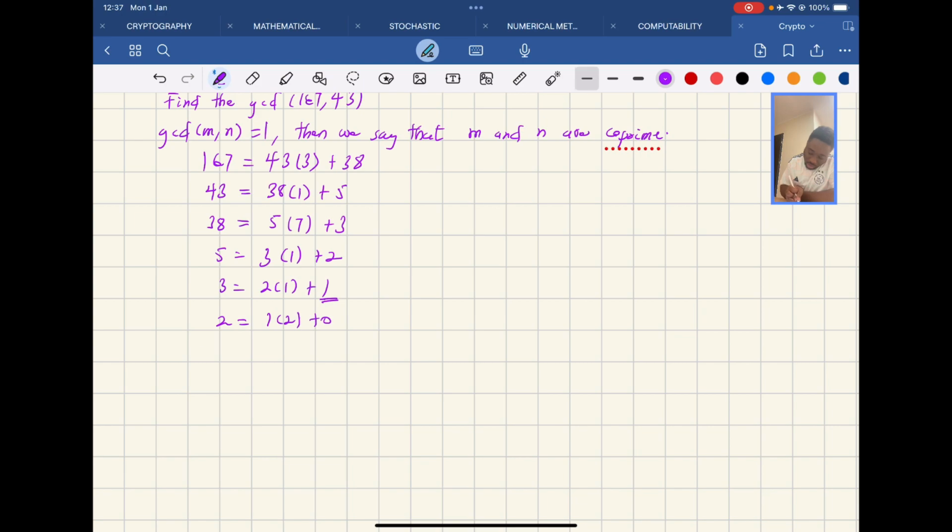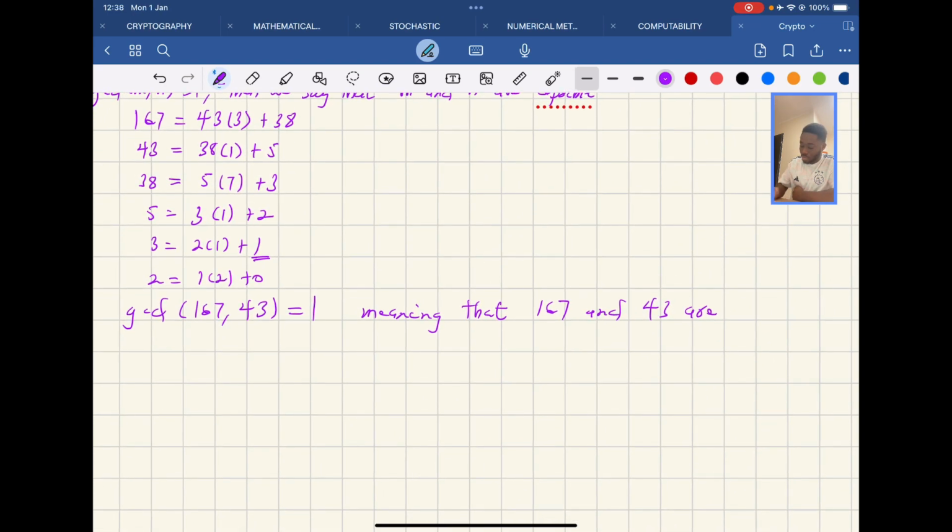So meaning that GCD of 167 and 43 is equal to 1. Meaning that 167 and 43 are co-prime. So basically, this is how to find the GCD of two numbers using the Euclidean algorithm.